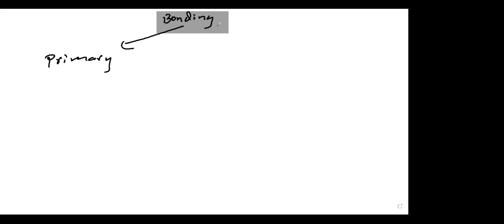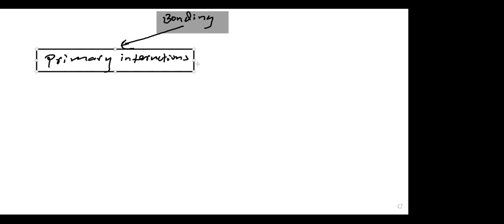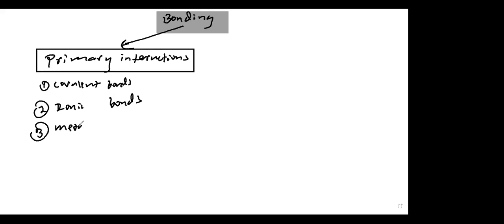I will not tell all this again and again; once I have given something, I won't repeat it, so you should quickly copy down. There are three types of primary interactions. Number one, covalent bonds. Number two, ionic bonds. Number three, metallic bonds.